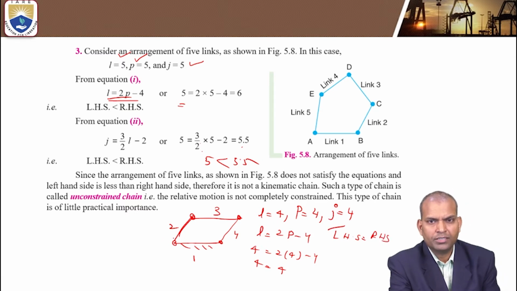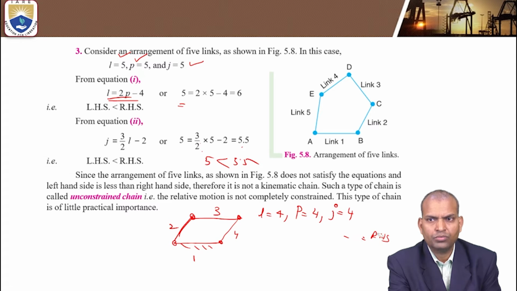Then it is a kinematic chain. That's what we studied in the previous lectures. This is a 4-bar kinematic chain. Another equation, if you substitute, what is that? J equal to 3 by 2 times L minus 2.